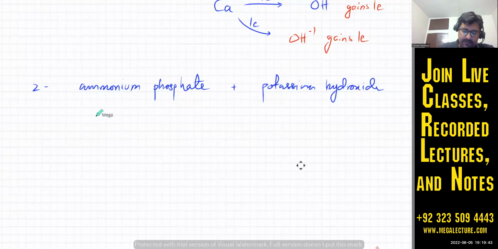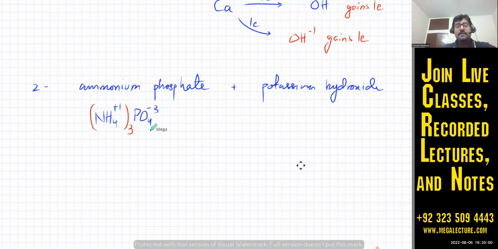Now ammonium is NH4 plus 1, and phosphate is PO4 minus 3. So what is the formula? That's NH4, and it's going to be thrice.